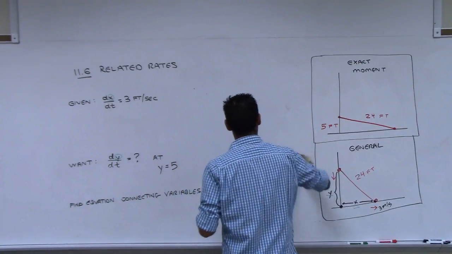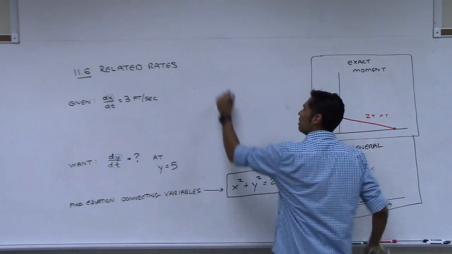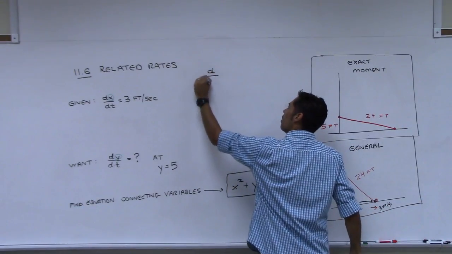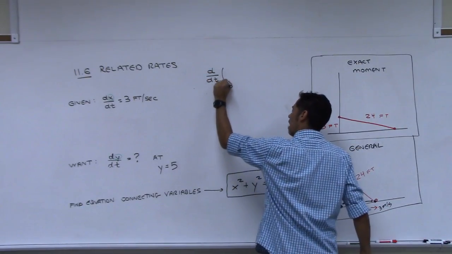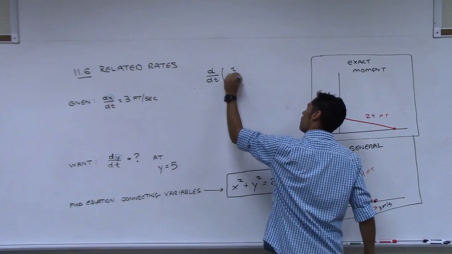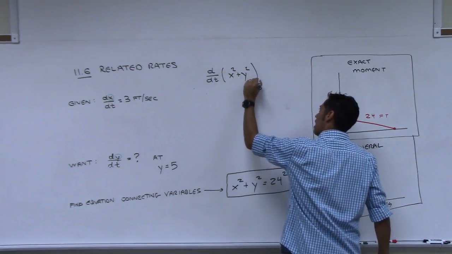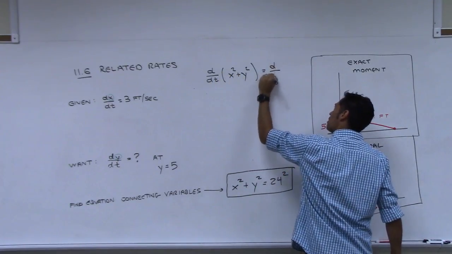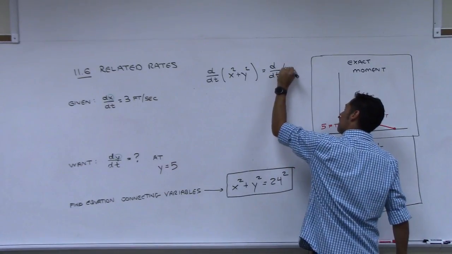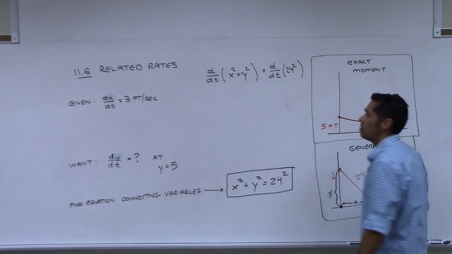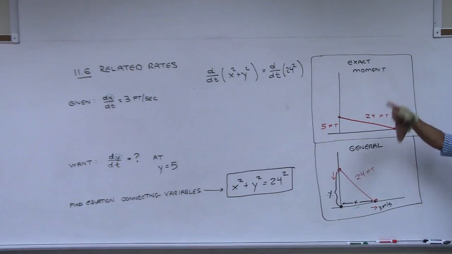So taking this equation right here, I'm going to take the derivative with respect to time on the left side, and I'm going to take the derivative with respect to time on the right side. So do you see implicit differentiation kind of now?